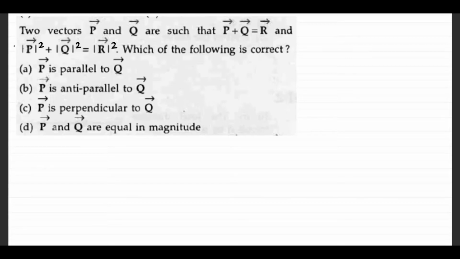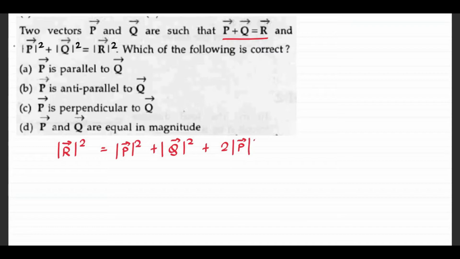Now in this question, since P plus Q is given as R, I can say modulus of R square will be modulus of P square plus modulus of Q square plus 2 into modulus of P into modulus of Q into cos theta. This is from the vector law of addition. It is also given that modulus of P square plus modulus of Q square is modulus of R square.